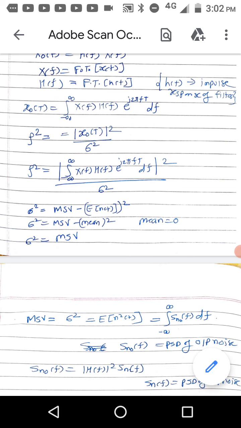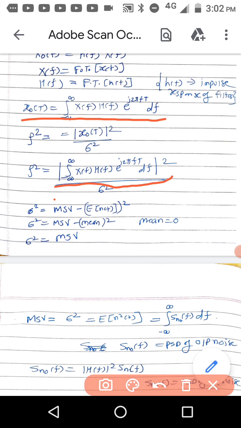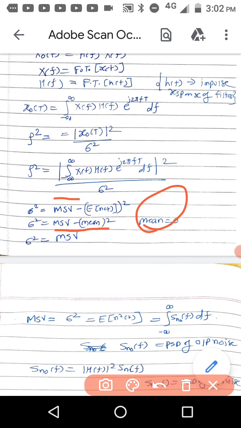Now sigma square is equal to the mean square value minus the square of the mean. In our case we are considering mean equal to 0, so sigma square is equal to the mean square value.